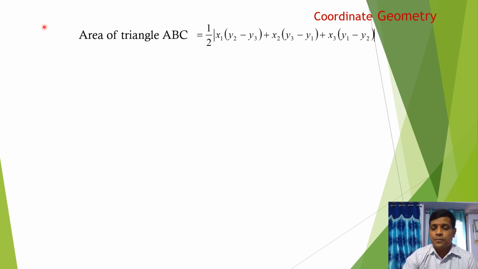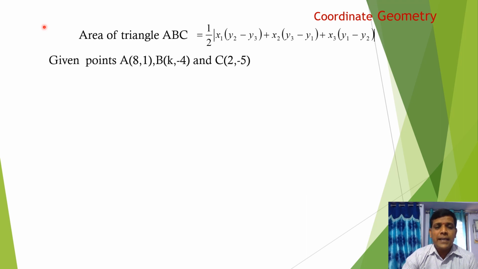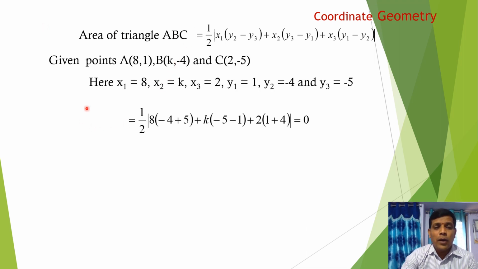Write down the coordinates: x1 is equal to 8, x2 is equal to k and x3 is equal to 2. At the same time, y1 is equal to 1, y2 is equal to minus 4 and y3 is equal to minus 5. Substitute these coordinates in the area of triangle formula.